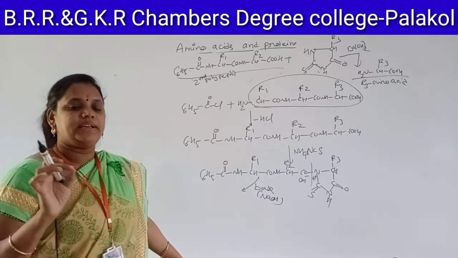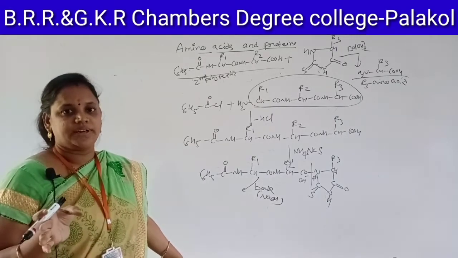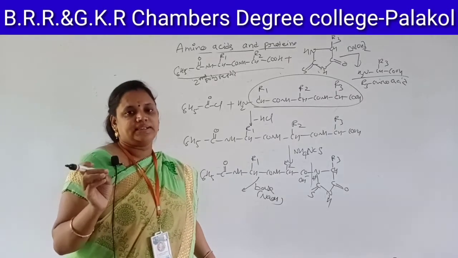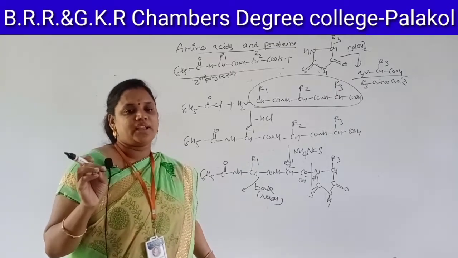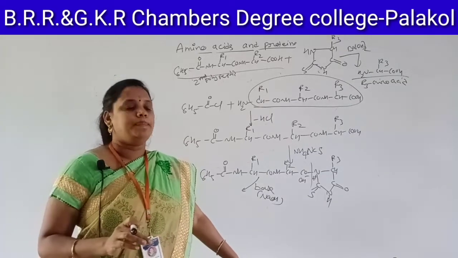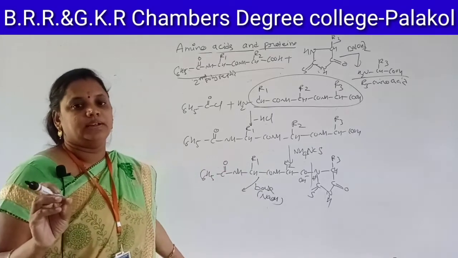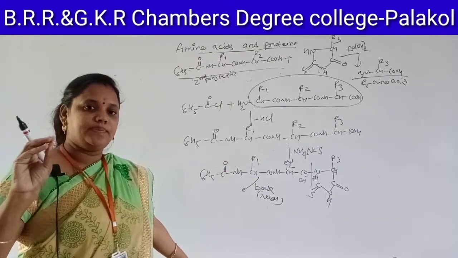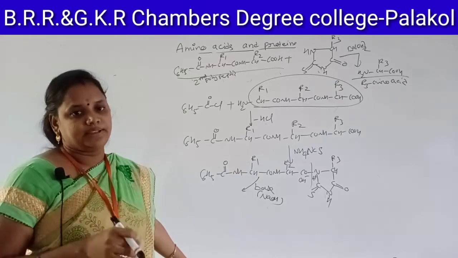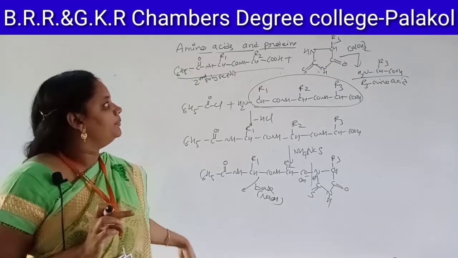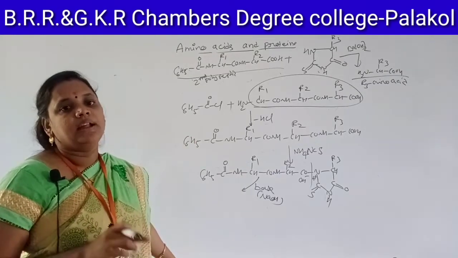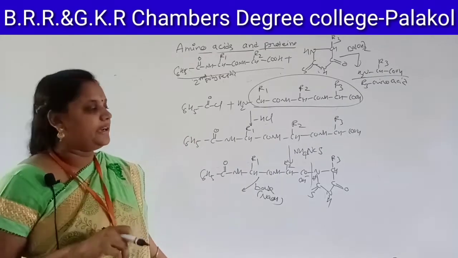So which reagent degrades which amino acid? By these tests we can easily degrade amino acids and find whatever amino acids are present in that polypeptide chain. I hope you understood the topic. The amino acids in the polypeptide chain can be detected by how many methods, students? 3 methods. Edman method, the carboxyl degradation method, and the enzymatic method.